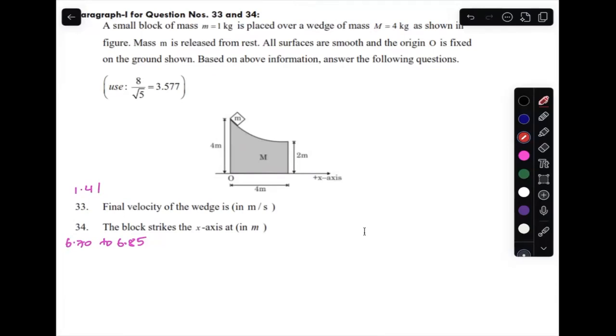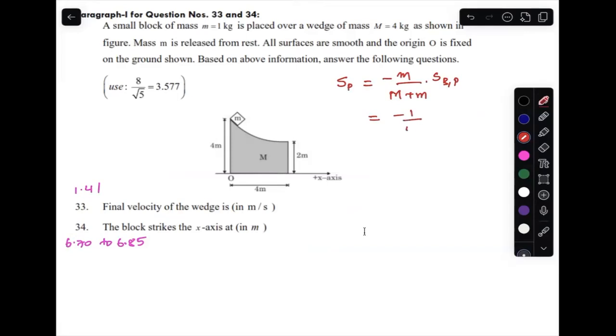Based on this information, answer the following. Now, please try to understand, by the time the block arrives at the ground, with respect to the plank, the displacement of the plank is minus small m by capital M plus small m times the displacement of the block with respect to the plank.